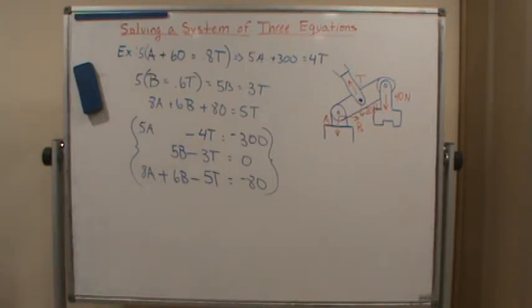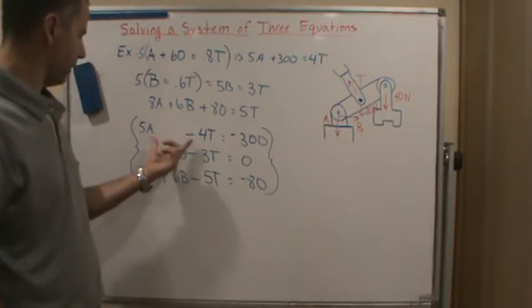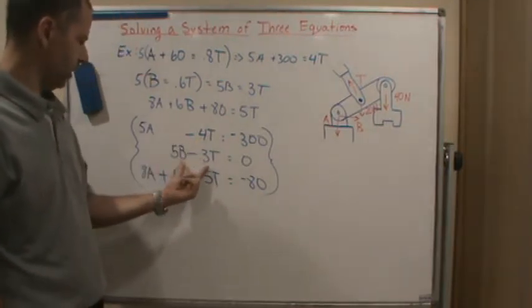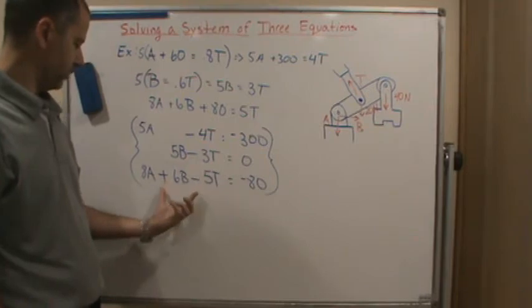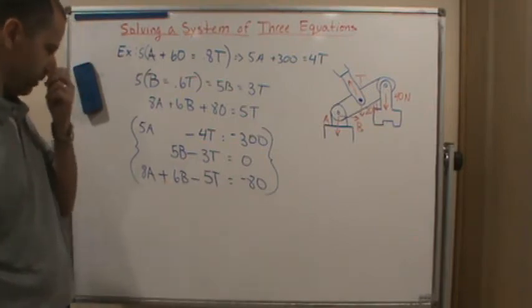Okay, and so now the next step becomes, well, we have to eliminate one of the variables, or at least solve for one of the variables. And if we solve for one of the variables, then we just back substitute to solve for the others. So now if we notice here, we've got an equation with 2 unknowns here, an equation with 2 unknowns here, and an equation with 3 unknowns.